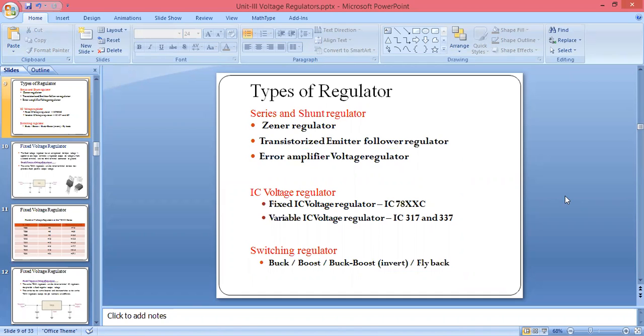And IC 317, if we are giving the voltage from 3 volt to 40 volt, it will give an output voltage that will have a variable range, but it will be positive. And if you use 337, it will take an unregulated input voltage and convert it into a regulated one, with a variable range, but that will be negative.